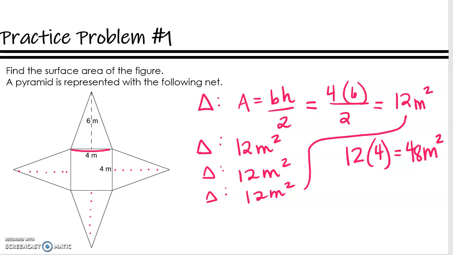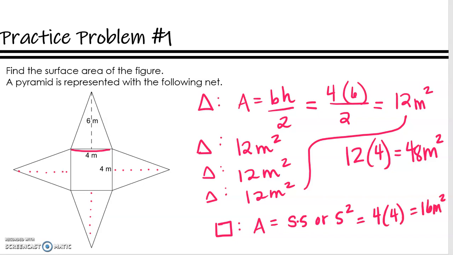But now we need to find the square. The square is easy because we just do side times side, or side squared, or base times height. Either way, we're going to be doing 4 times 4 is 16 m squared.